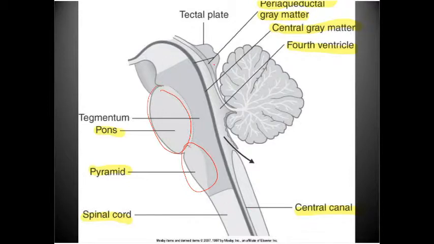The tectal plate, the fourth ventricle, cerebellum, and then we have the central aqueduct, or the aqueduct of Sylvius.